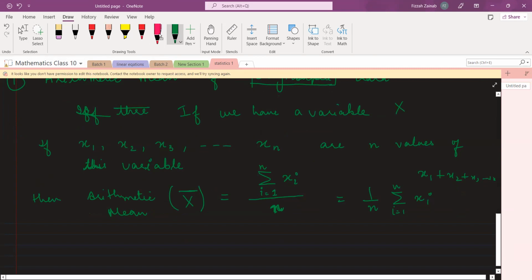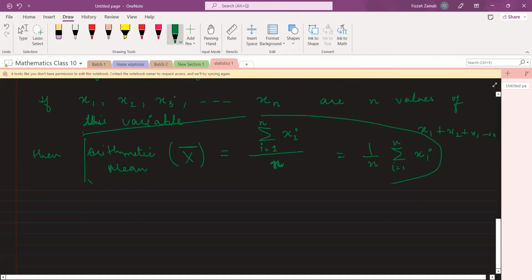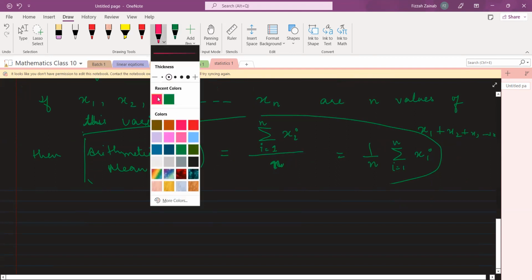So let's do one question where you will be using this formula, so you will know how to apply it. Okay, so just a little small question I'm giving you.